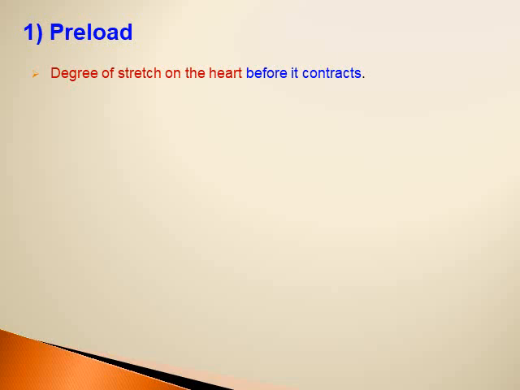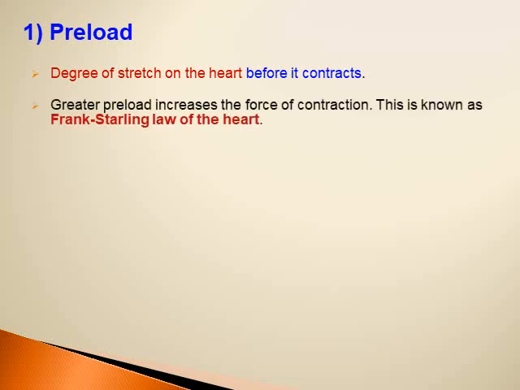The preload, as I said, is the degree of stretch on the heart before it contracts, before the start of the sliding of the thin and thick filaments past each other in the sarcomeres. Greater preload increases the force of contraction, and this is known as the Frank-Starling law of the heart.